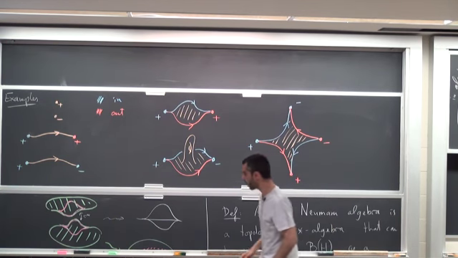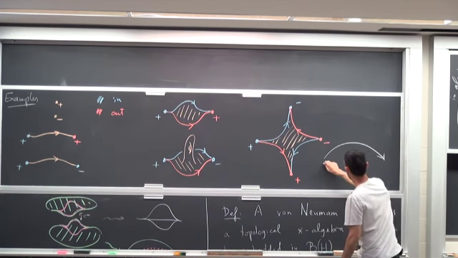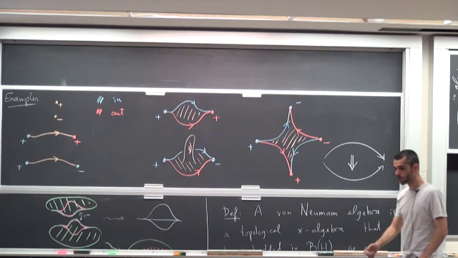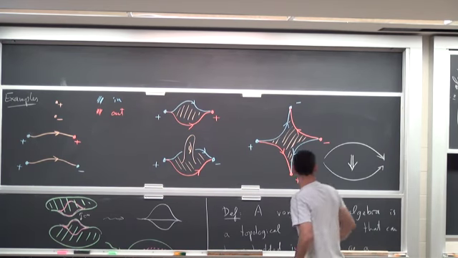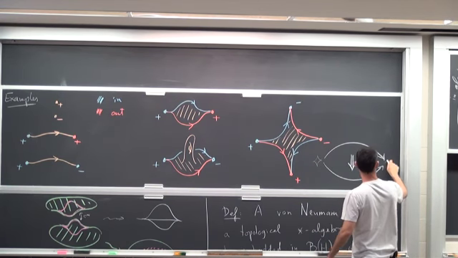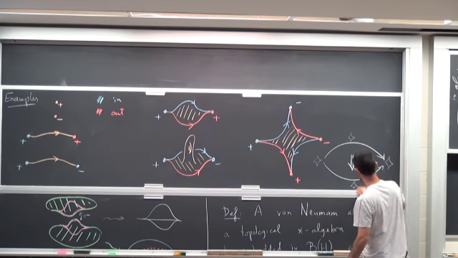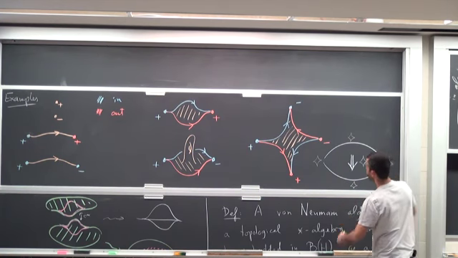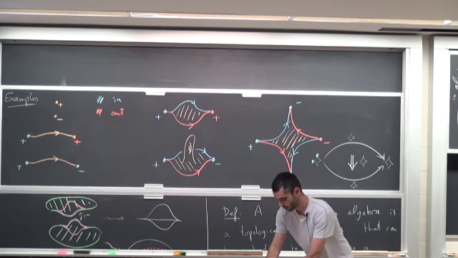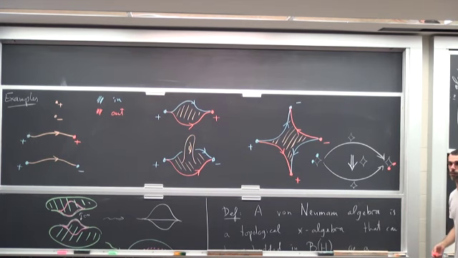So maybe I can redraw it in the following way, and that would help you. So this is a two morphism in a two category. That's the way people usually draw two morphisms. So this is a two morphism that has, at this point, this zero manifold, at that point, that zero manifold.